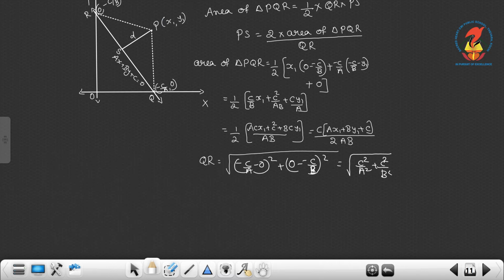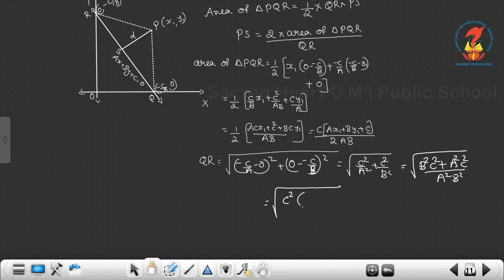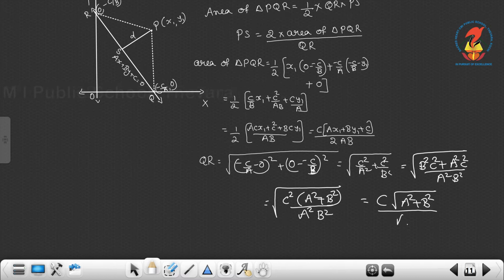When we simplify, b square c square plus a square c square by a square b square. In the numerator c square is common: c square into (a square plus b square) by a square b square. The square root is C into root of (a square plus b square) by AB. Distance is positive, so no need of plus or minus symbol.